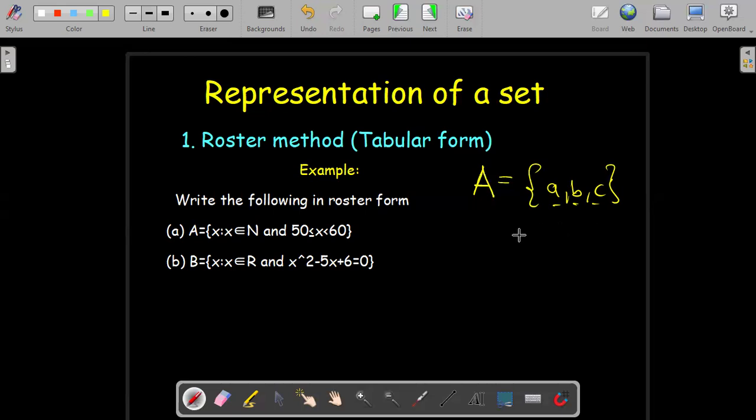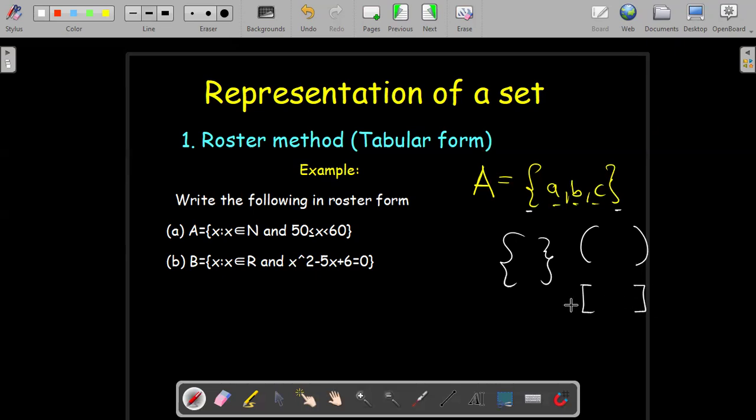Another thing to observe is that these things here, which we call braces, are written like this, and they will be used for us to list out our elements. In some cases, as you will see, we will be using brackets like this, or square brackets like that.